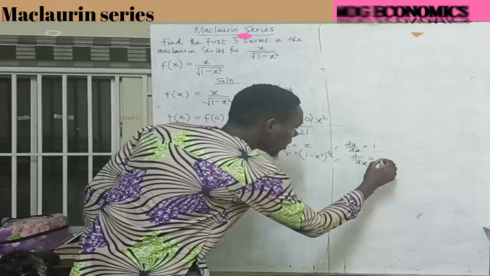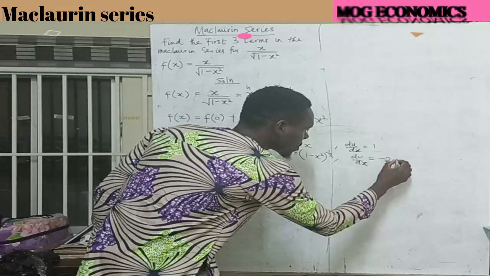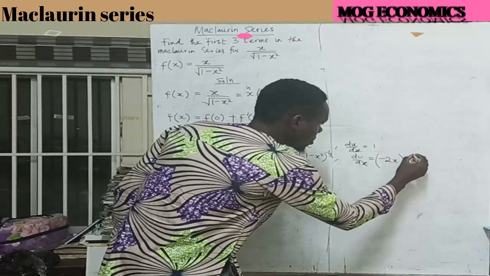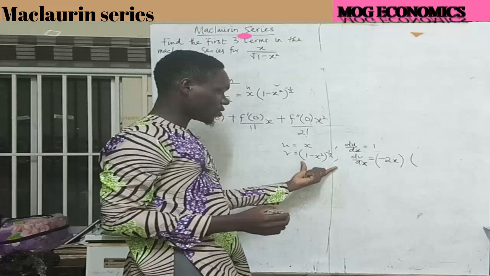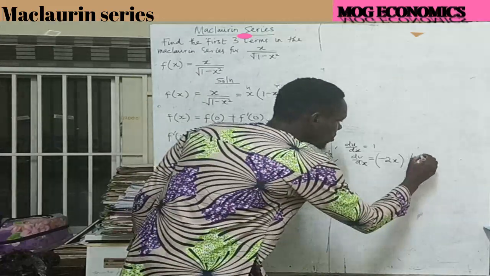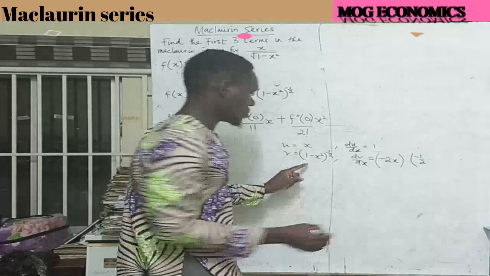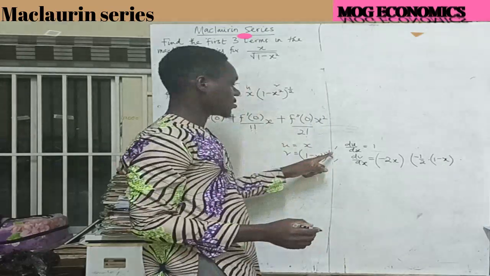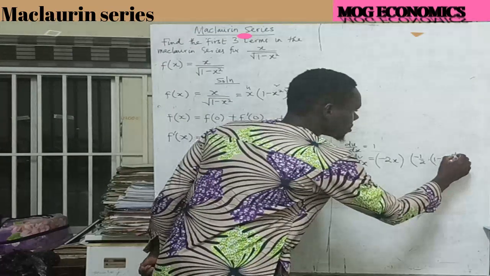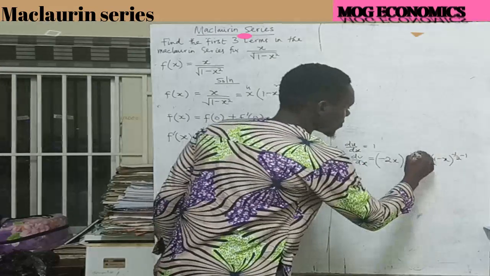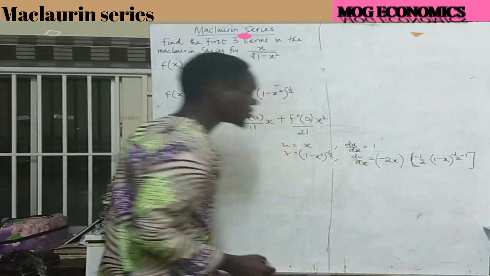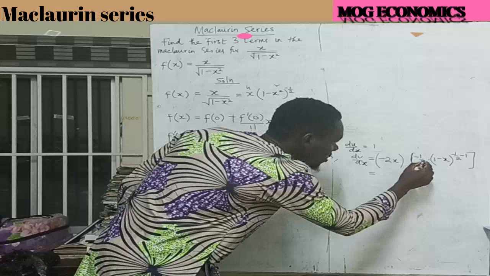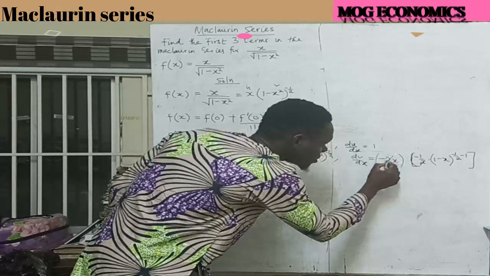So here we have minus 2x, and then if we differentiate this original entity, we take the one from this.